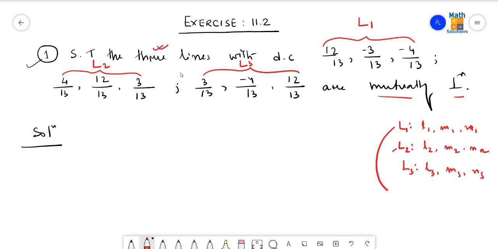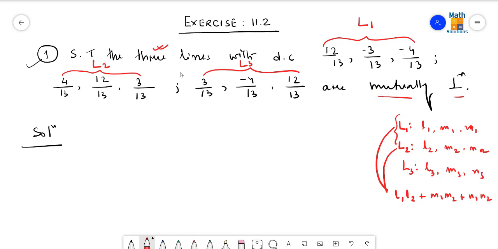Suppose we want to check whether these two lines L1 and L2 are perpendicular or not, then with the help of their corresponding direction cosines we can find out this value, l1 into l2 plus m1 into m2 plus n1 into n2.